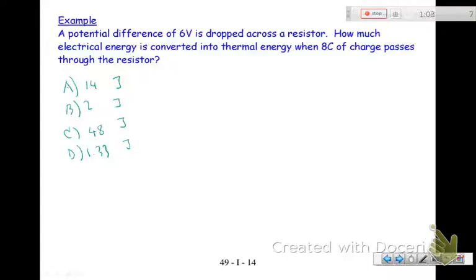Come on. Think of what voltage is. We just said it. Break it down into its basic units and then think of what charge is. And then say, how can I get joules as my answer?